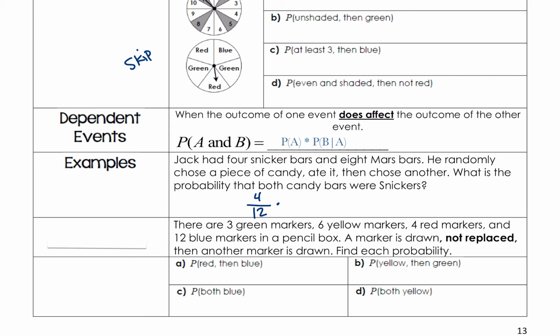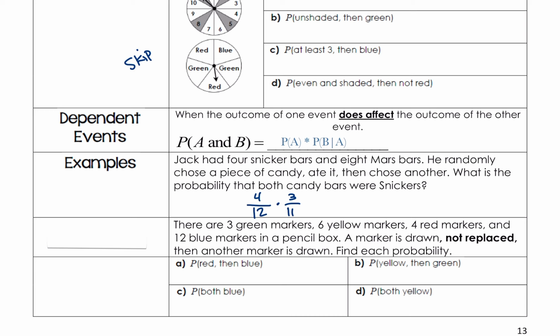Why this is adjusted is because we've already pulled one out and eaten it. So we no longer have 4 Snicker bars in the bag. We now have 3 Snicker bars in the bag because we already took one. And we no longer have 12 candy bars in the bag because we've already taken that Snickers bar out, so we now have 11 total candy bars in the bag.